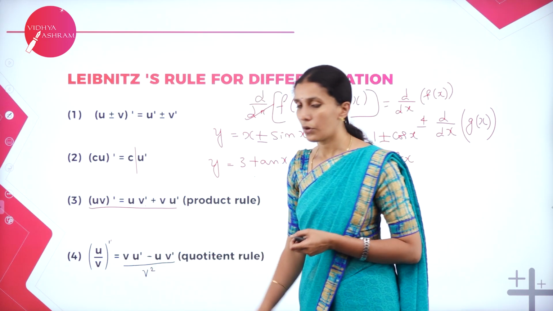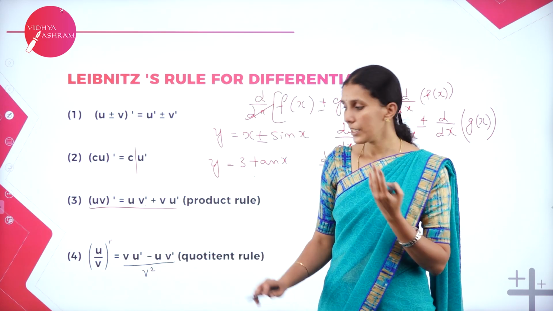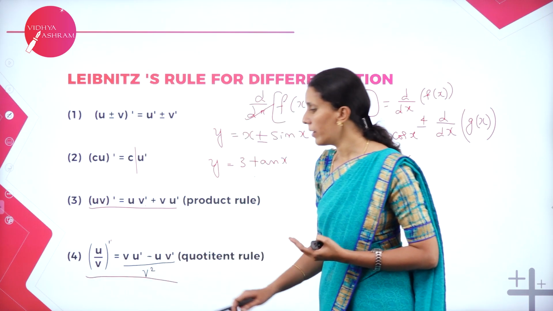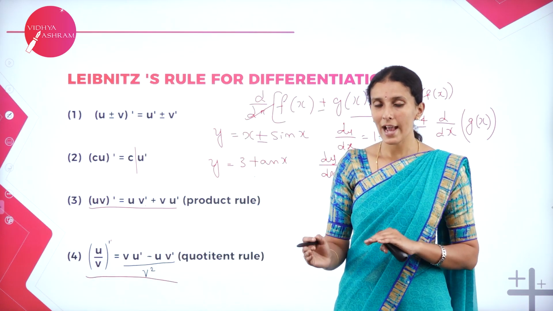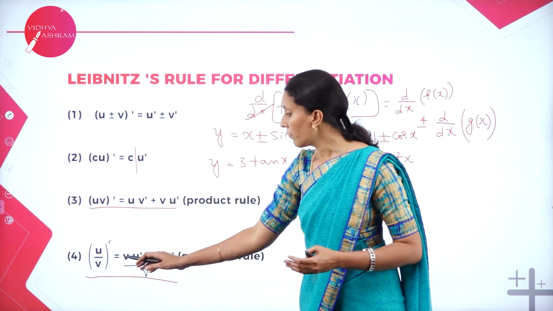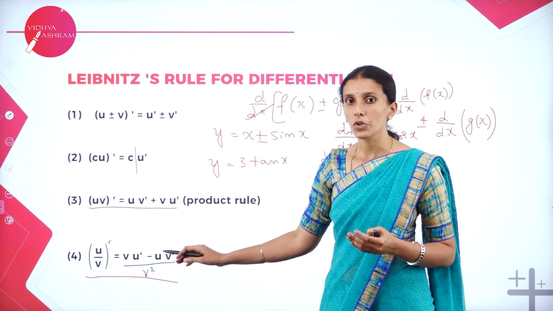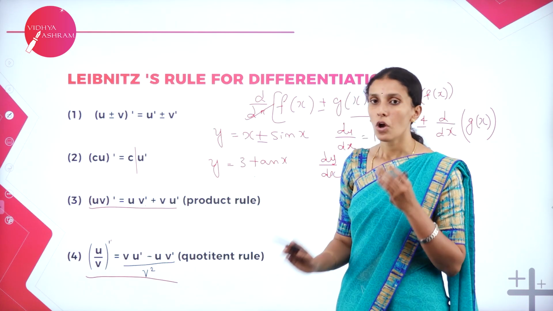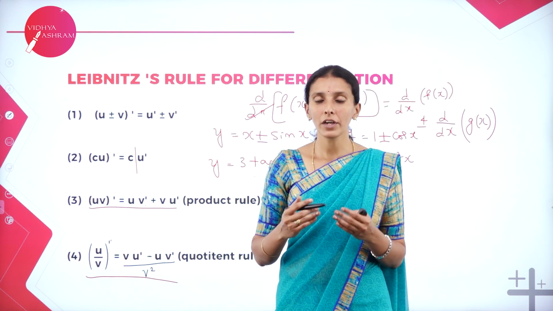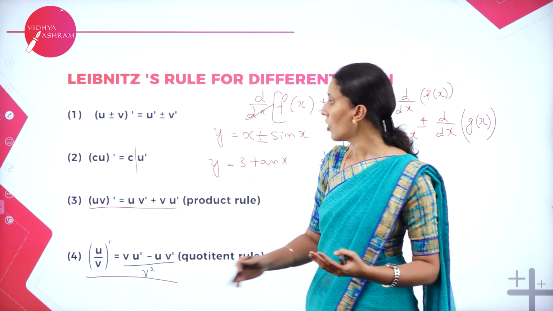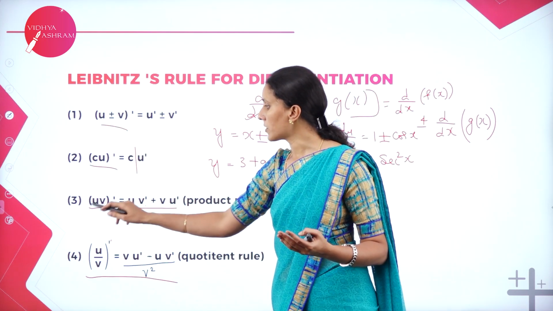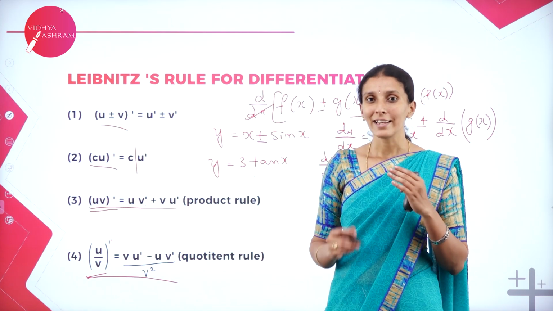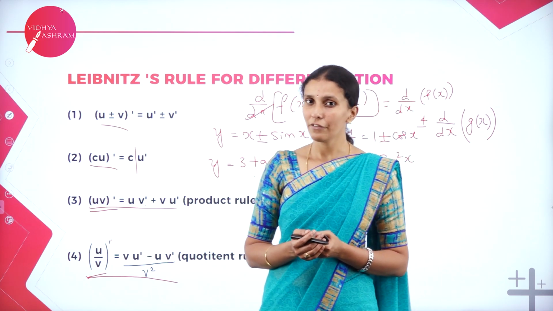When you learn it in the form of a formula, u by v whole dash can be written as vu dash minus uv dash divided by v square. So these rules are applied whenever you are deriving any function of these forms. All these rules are necessary when you are deriving functions.